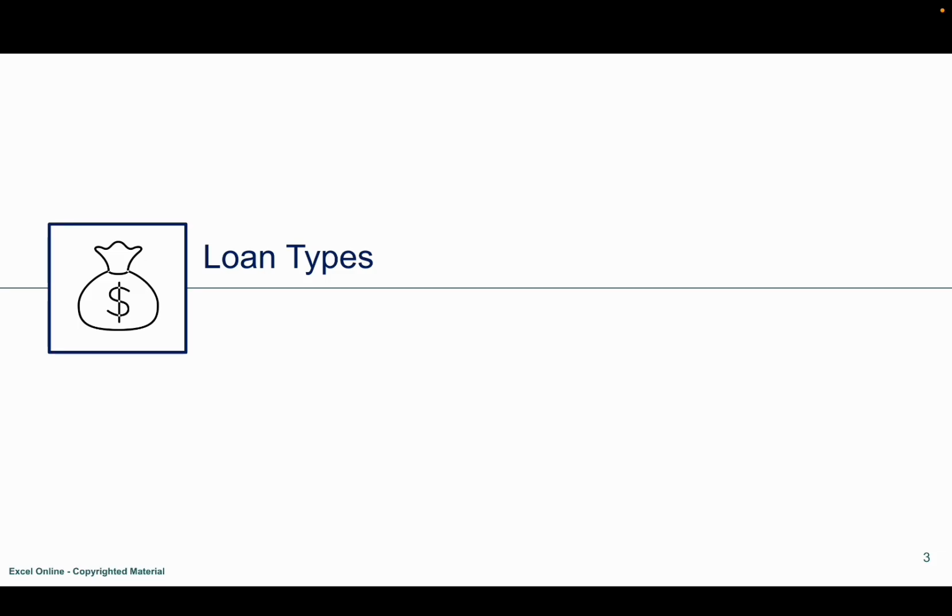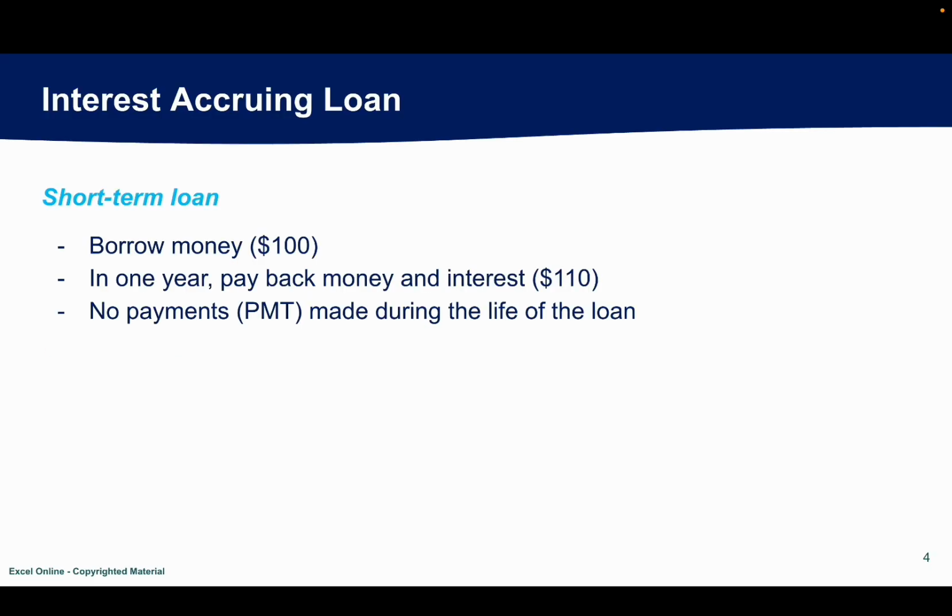So starting with loan types, there are many different types of loans, and this video is focused on covering them. So we're going to start with the interest accruing loan. Sometimes the course will describe this loan as an accruing loan, or use the word accruing alone to describe this type of loan.